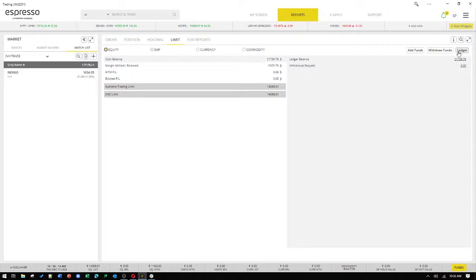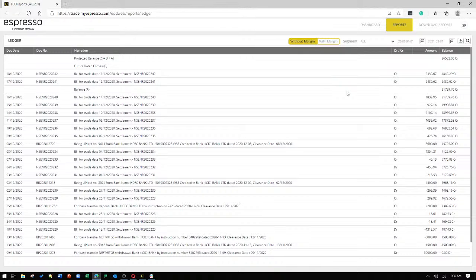Let me show the ledger. So I started this with 15,800. Now by 17 today I'm getting another settlement for 2,400, and tomorrow I'll get another 2,300.